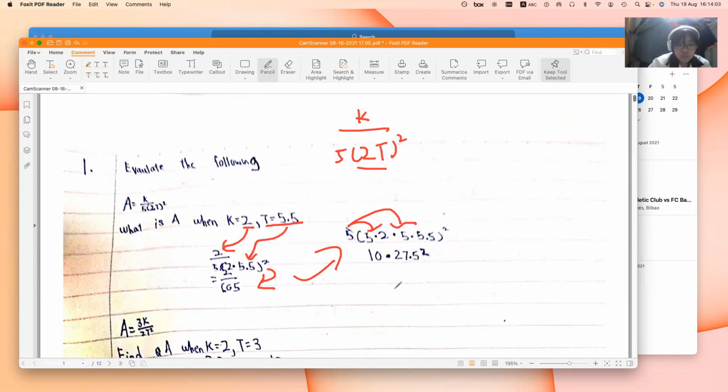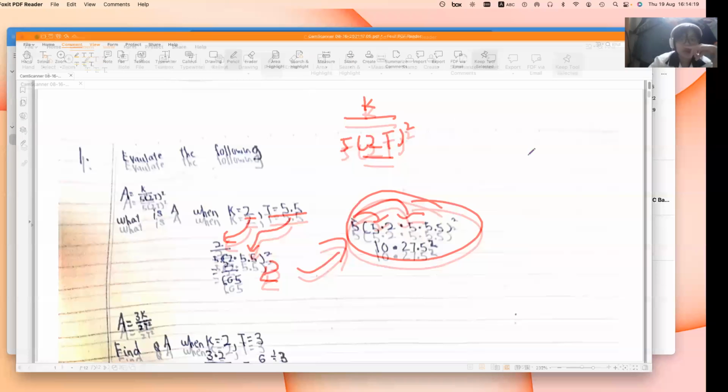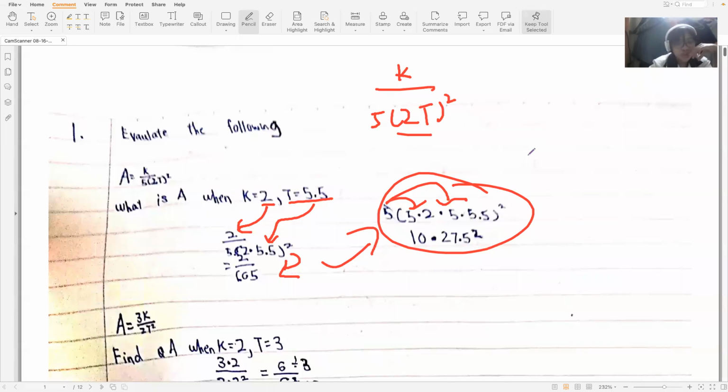Can I ask you, do you do the bracket first or do you do the times first? What are you doing here? Can you see or you cannot see? Opening the bracket. No, wait. What do you mean by you open the bracket?